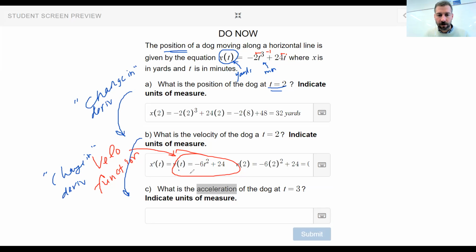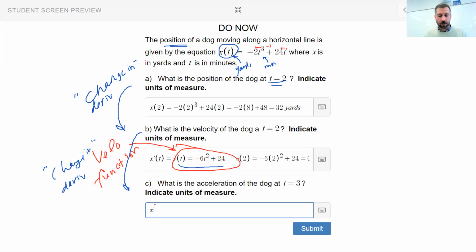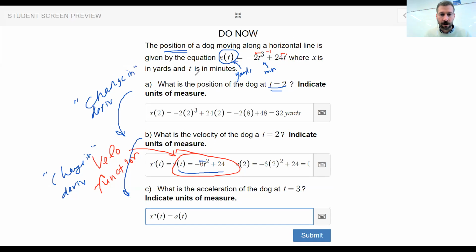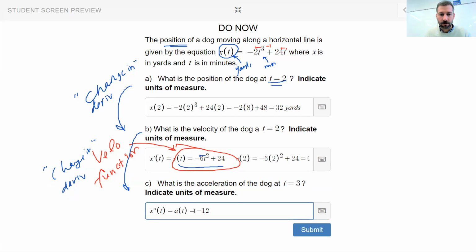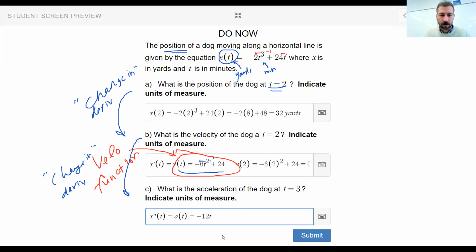So how do I take the derivative of this velocity function? Well, let's use the power rule again. We're going to find the derivative of the derivative. I'm going to call this x double prime, which is really what we would call just a of t, acceleration. So let's move our exponent down again. The 2 comes down in front, and that's 2 times -6, which is -12. t stays, the exponent becomes 1, because we subtract 1 from that 2.